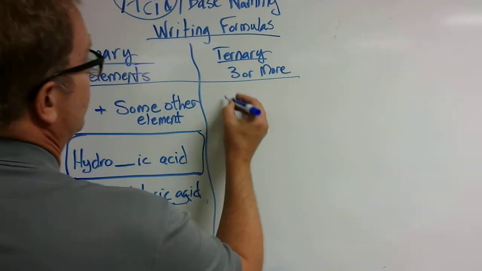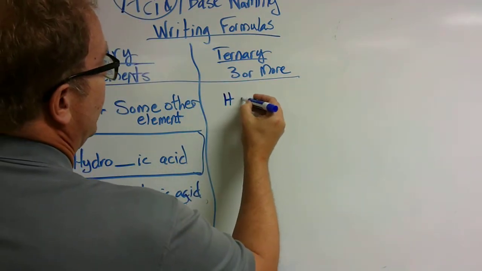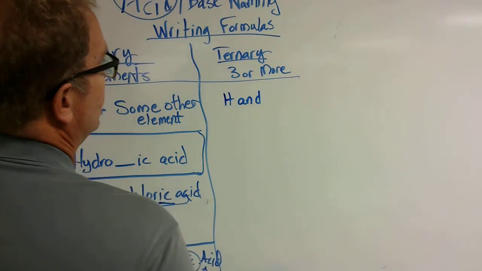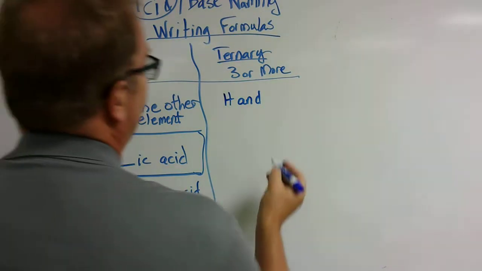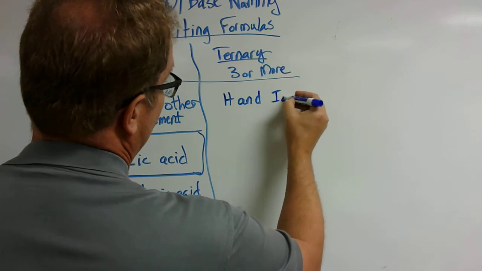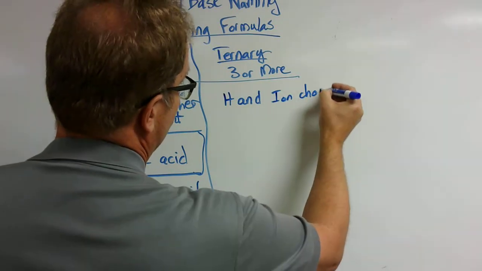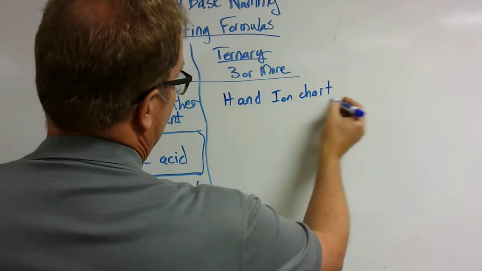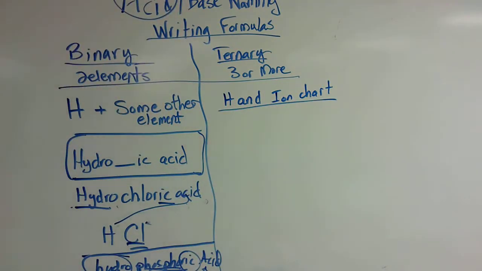Now on the ternary ones, you're going to have H, and we're also going to have something that's off your ion chart. So I'm going to put an ion chart. If you take a look at your ion chart, you're going to notice that there are ones that end with ATE and ones that end with ITE.